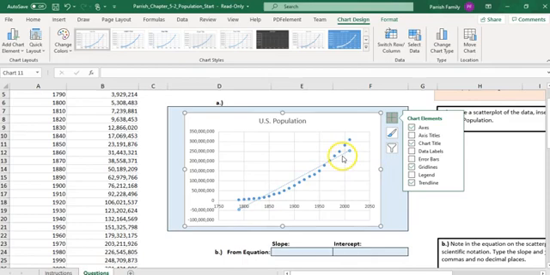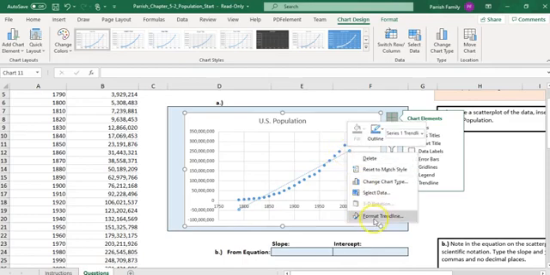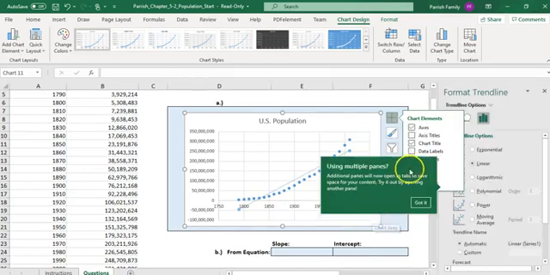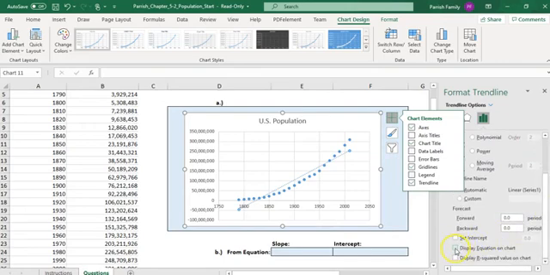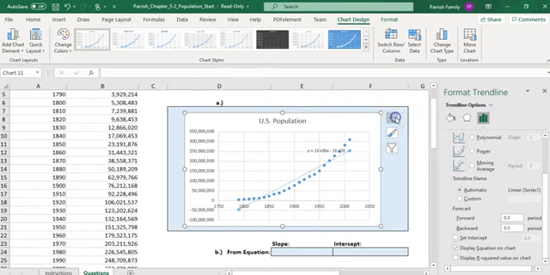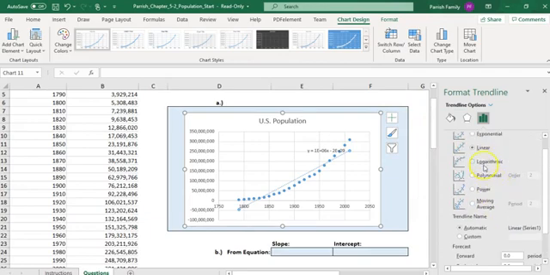I want to choose some of the properties for my trend line, so I'm going to format it. Over here in my format window, I want to display the equation on the chart. I want to make sure that I have picked the linear trend line. So I should get an equation that looks like this.